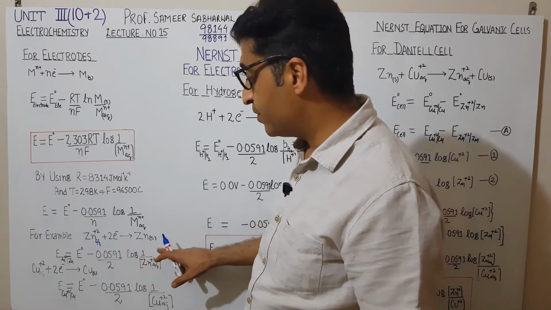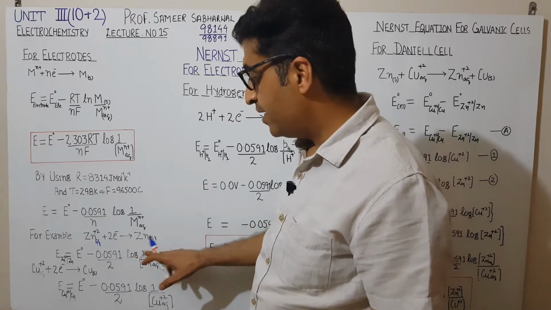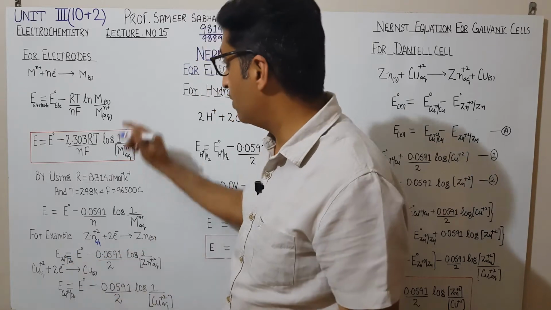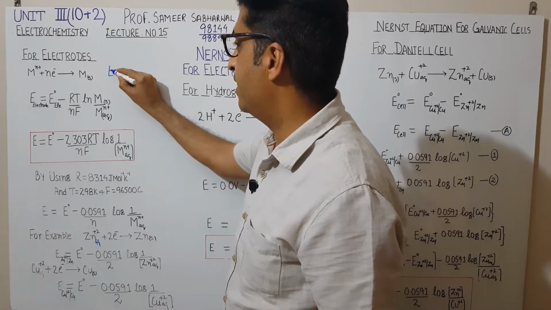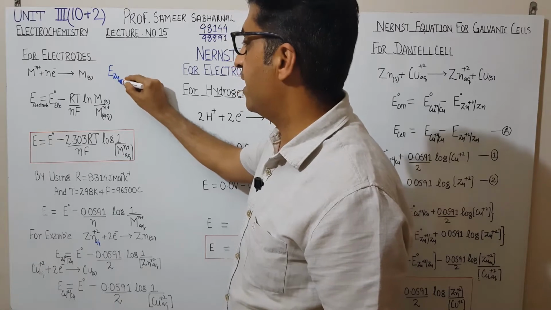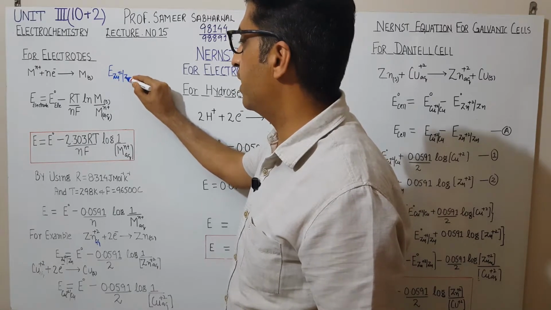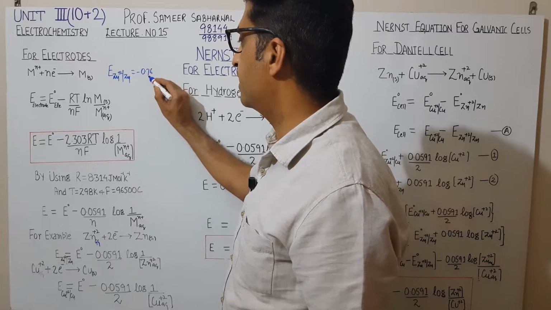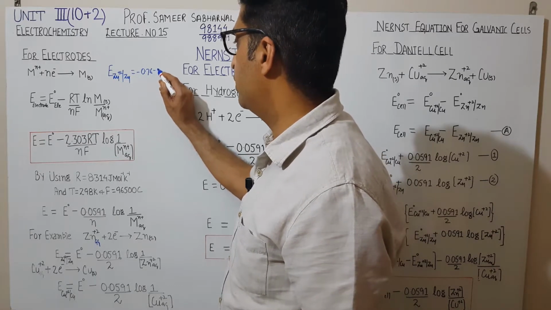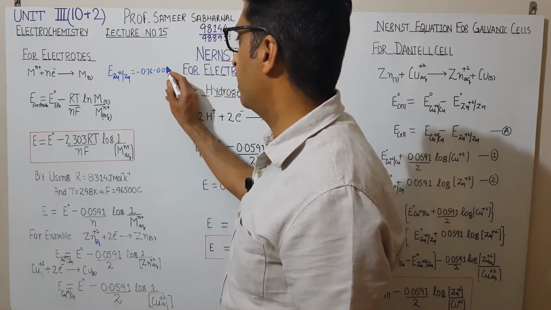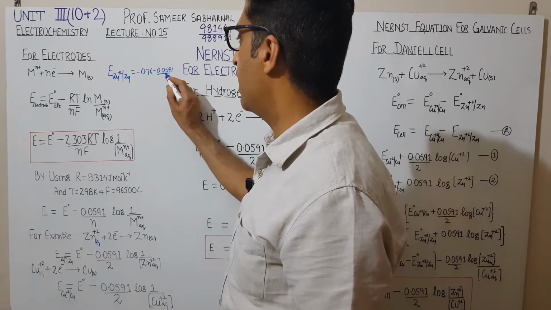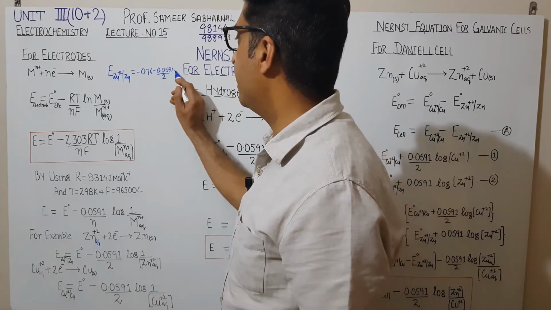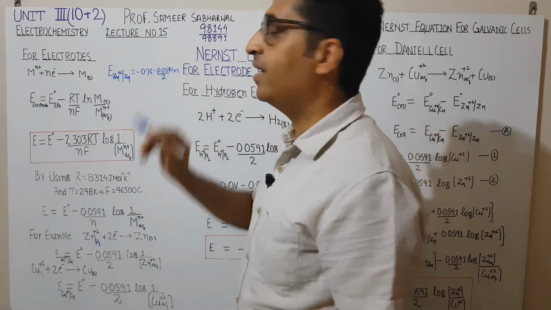Log of 10 is 1. Then what is your potential, the electrode potential of the zinc electrode? I write it here. E zinc ion to zinc is minus 0.76 minus 0.0591 by 2, because log of 10 is 1.